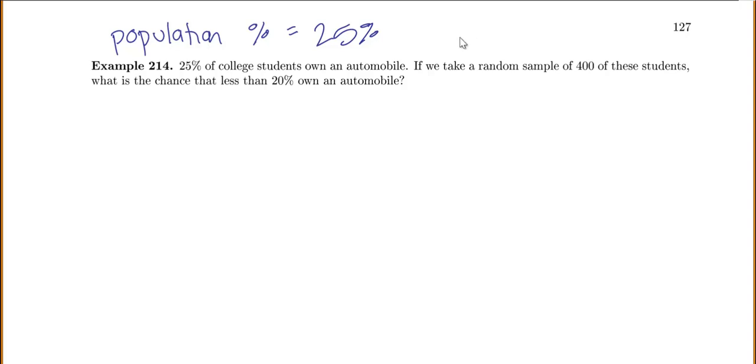And we're going to take a random sample of 400, so my sample size equals 400. What's the chance? So chance, I know I'm going to have to use the normal curve, that less than 20% own an automobile.